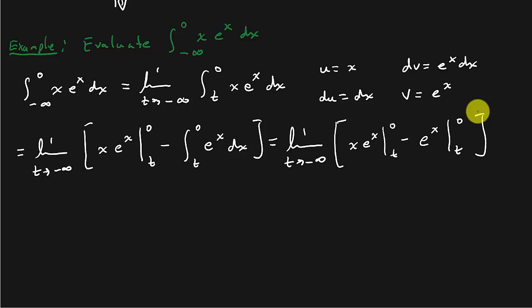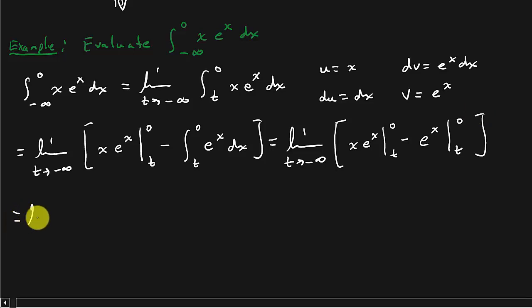All right, so let's see what we get now. So this is going to be the limit as t goes to negative infinity. All right, so let's do this. Let's plug the 0 in for x.